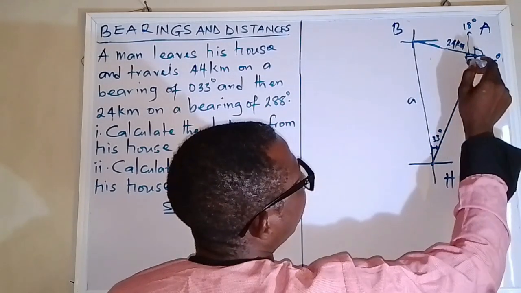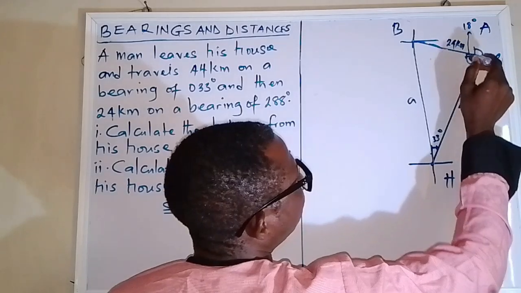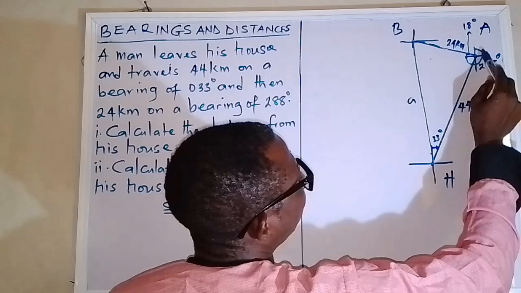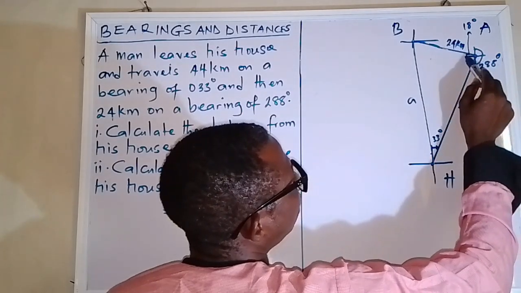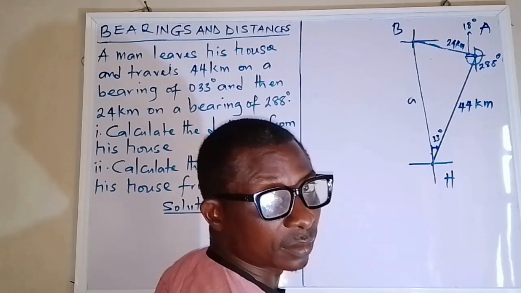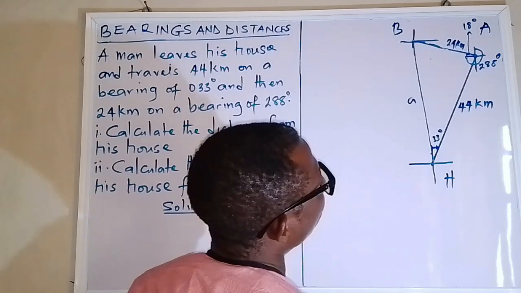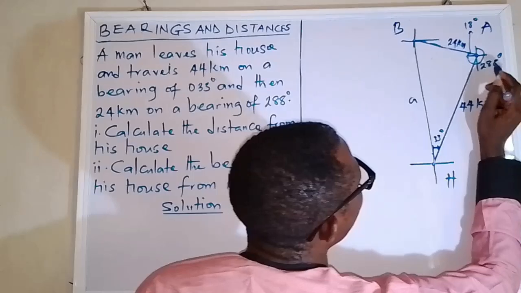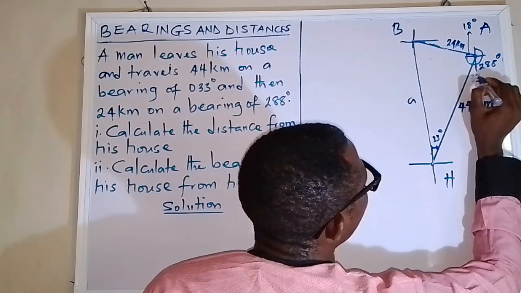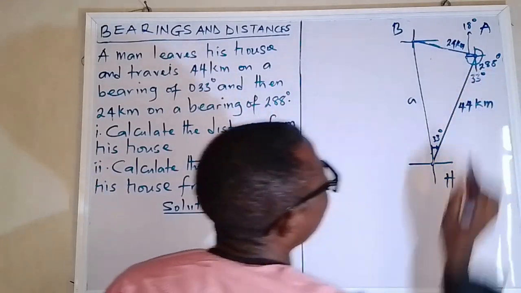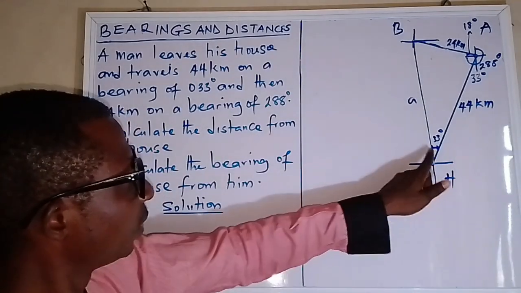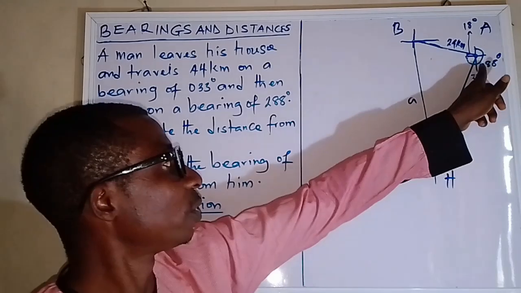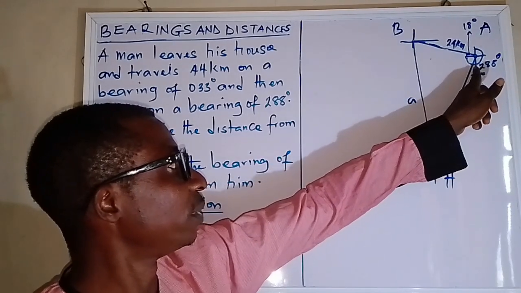Now, this small angle here, how do we get that? We know that from here to this place is 270. We also know that this angle here is 33 degrees, because this is alternate to this. This is the North Pole, alternate to this, so this is 33.